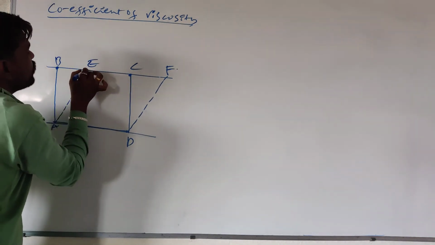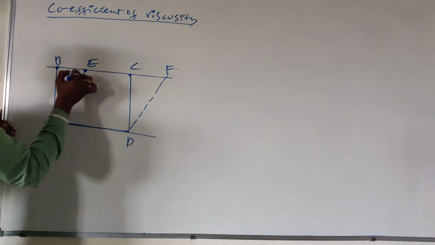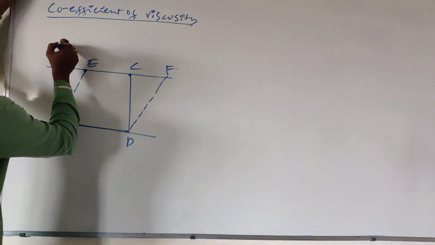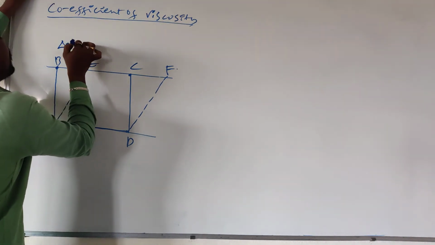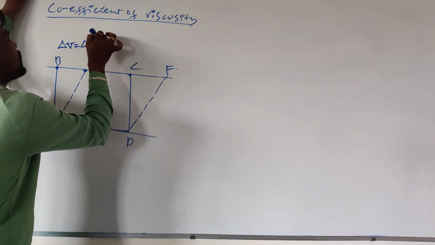So when it becomes AEFD, from here to here there is a velocity. So what is that velocity?